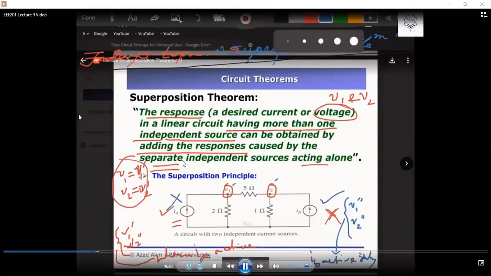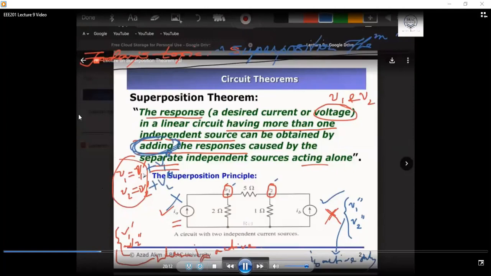That means the blue one and the red one, each active at a time, and you find the responses, then you add them: V1 prime plus V1 double prime, and V2 prime plus V2 double prime. This is the way we find V1 and V2 at the end.